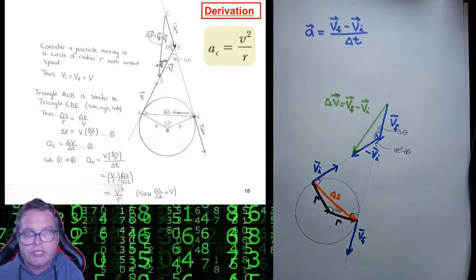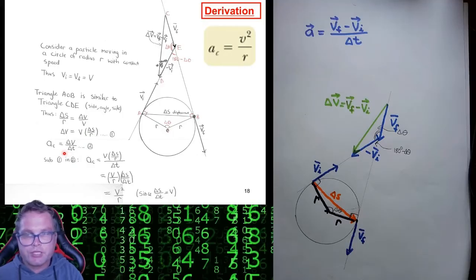In this derivation, we're working with the two triangles, the one triangle here, the second triangle here, and we take the ratio delta S over R in this triangle. It's going to be equal to delta V, that's this long side of this triangle, over V. That's where we get this expression from. So we can then rearrange this expression to say that delta V, we can make that the subject of the formula, and we have delta V is equal to V times delta S over R.